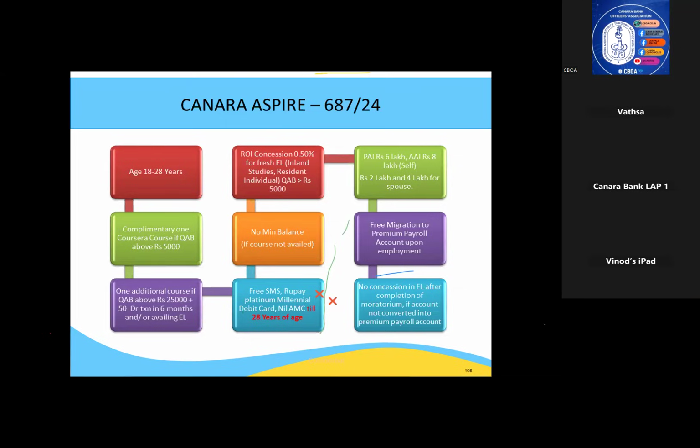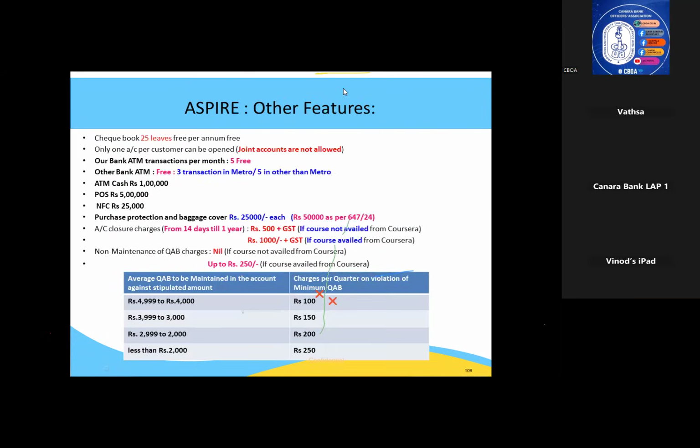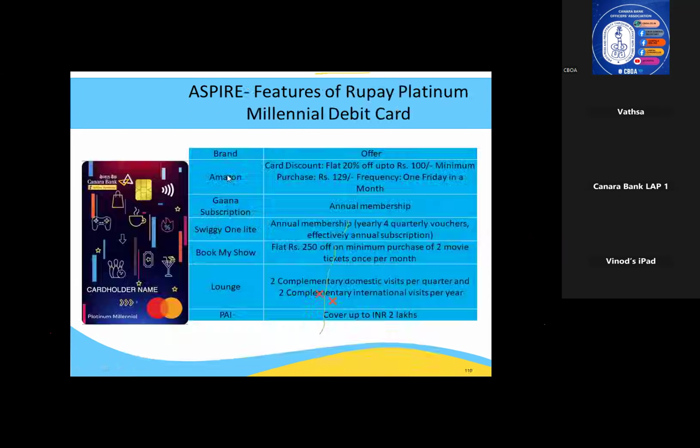Okay, that benefit is given. So if the question comes, read the question and then answer properly. So Aspire customers' other benefits: 25 leaves free. Only one account per customer can be opened. Joint accounts are not permitted. Okay, other things I need not repeat.